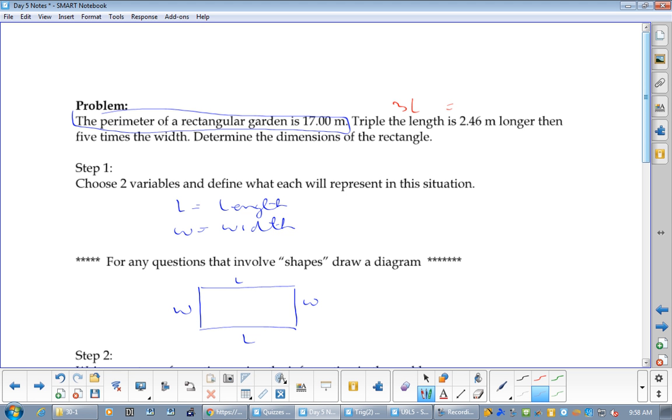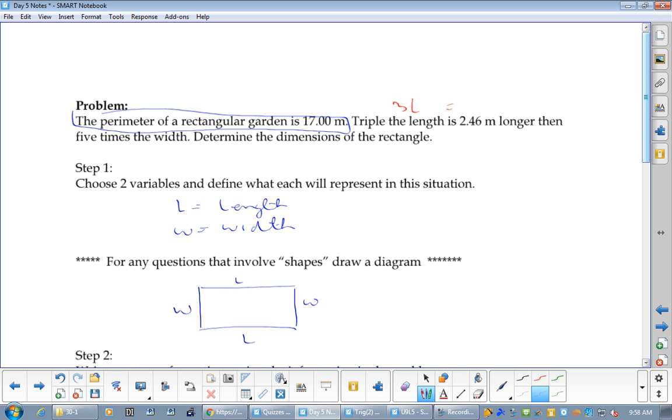If I got rid of the triple and the 5 times, if I said the length is 2.46 longer than the width, that's what I would do, but I want to make sure everyone can see that. So what's bigger, the length or the width? Okay, the length is bigger.